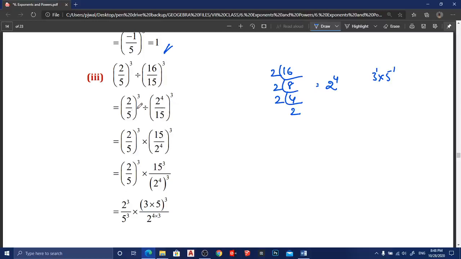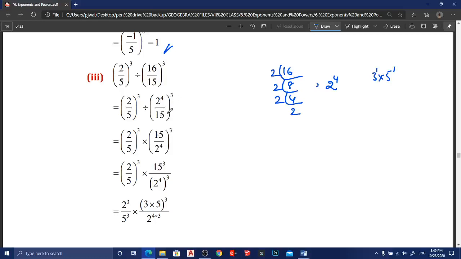You know that division of two fractions. How to divide a fraction with a fraction? Convert the division as multiplication and take the reciprocal of the second fraction. Okay, reciprocal of the second fraction. And you know how to write the reciprocal of the given exponential form also.